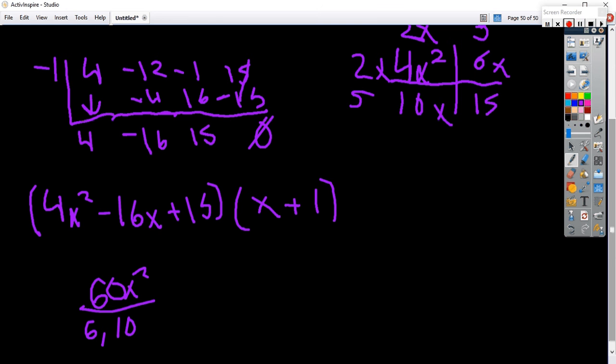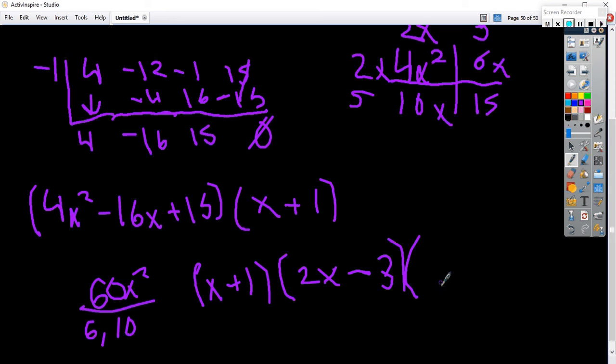Then it's gonna be x plus 1. 2x, minus 3. Then it'll be 2x minus 5. And now we're gonna plug them all into 0. Do y'all understand why x is not negative 1 down at the bottom? Yes. Nice.